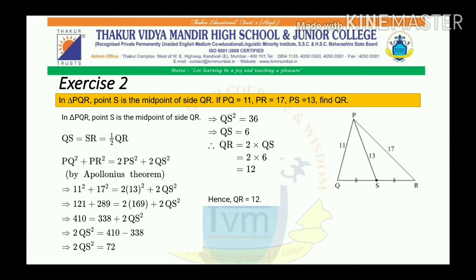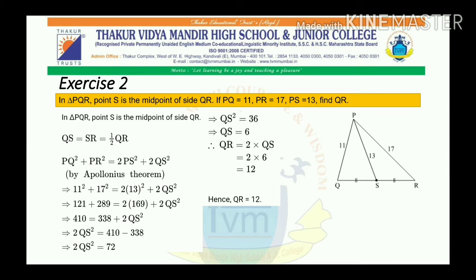By substituting values, on the left hand side 11 square, which is the value of PQ, PR is 17 square, on the right hand side twice of 13 square plus twice of QS square. So by squaring we'll get 121 plus 289 is equal to twice of 169 plus twice of QS square.